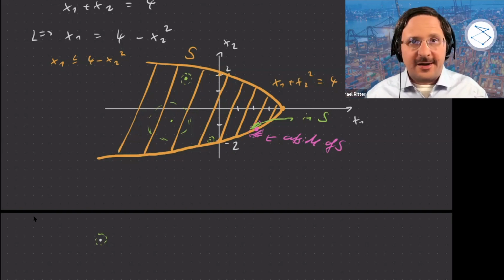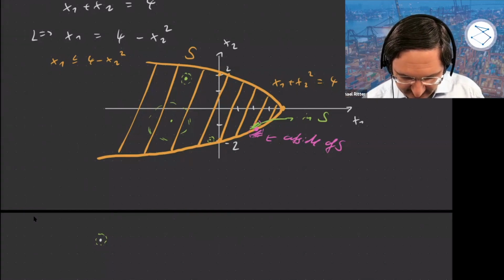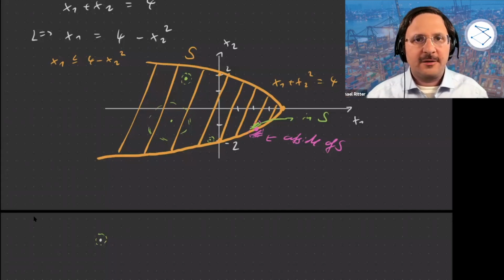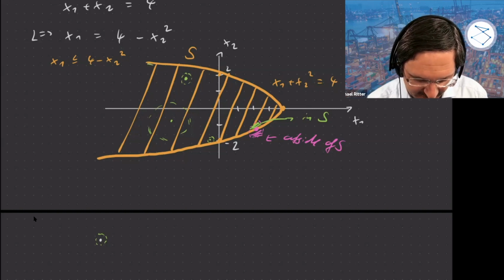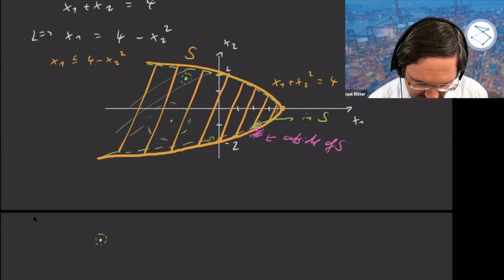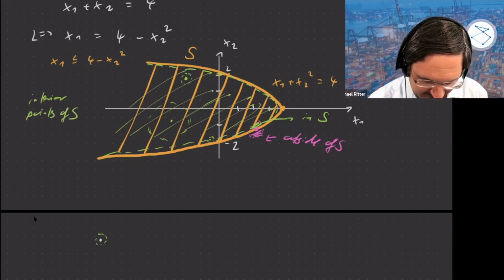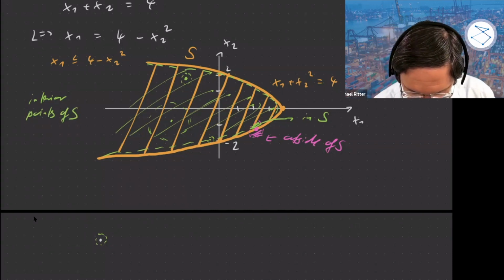So points on the line are the boundary points of that set, and points that are inside of that parabola, excluding the line, are the interior points. Right? So interior points are all those. I usually draw excluded lines as dashed lines. So these are the interior points of S. And the boundary points, let's draw those as, let's say, blue.